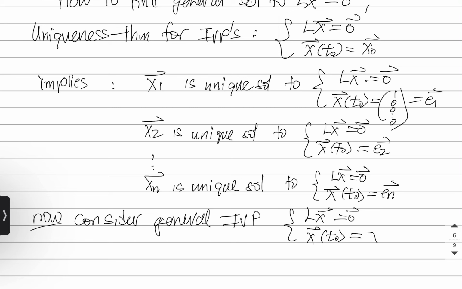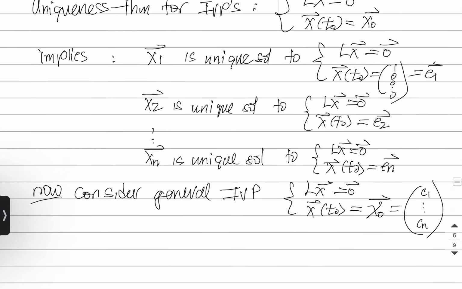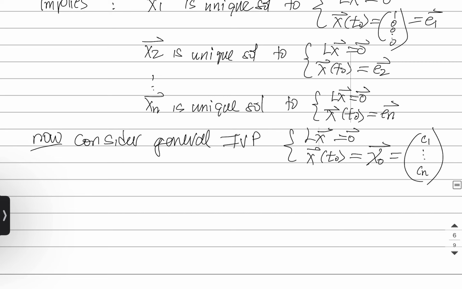We'll call it x0, and it will be c1 all the way down to cn. How do we deal with this? There has to be a unique solution. The unique solution will be the following.